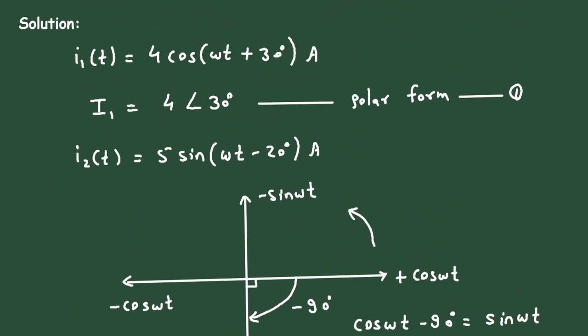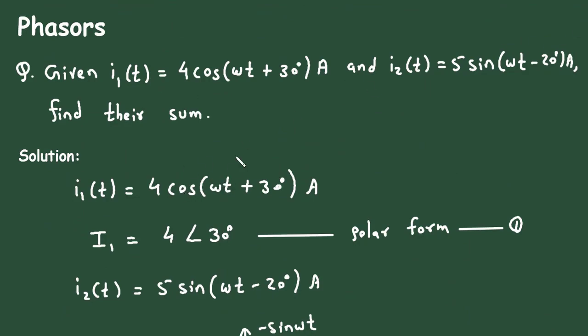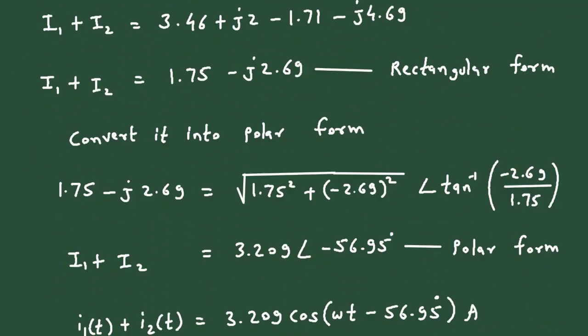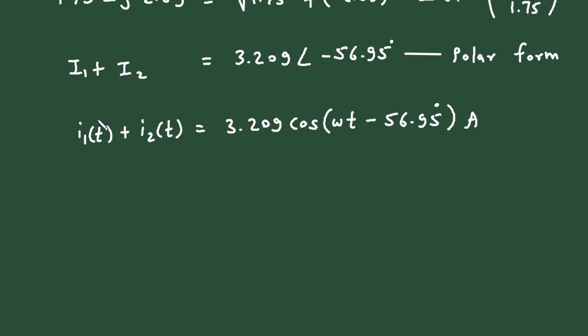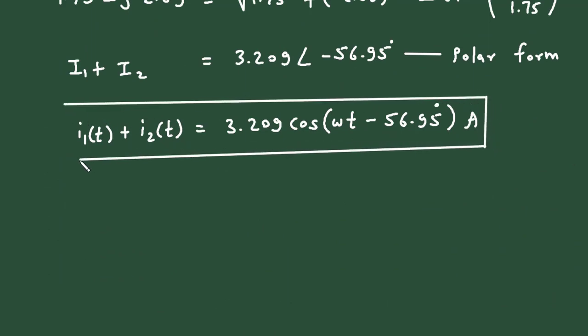Also here the value of omega is unknown, so we can keep omega as omega. So this is how we can add sinusoids by using phasors.